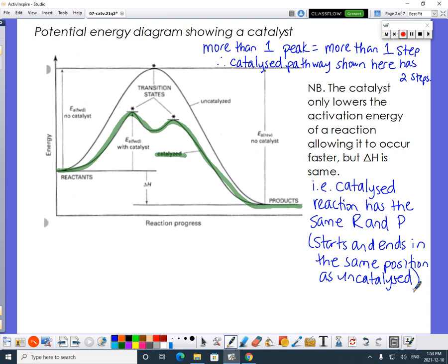Okay, so here reactants, here products, for both catalyzed and uncatalyzed, are in the same position.